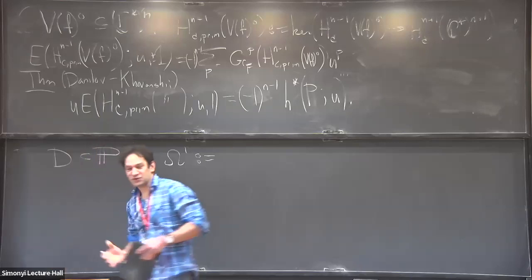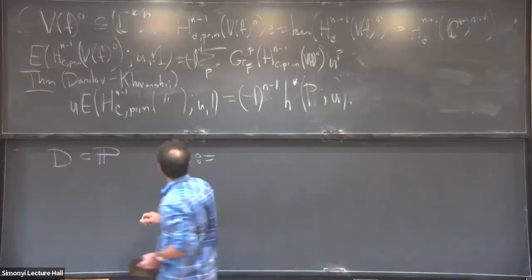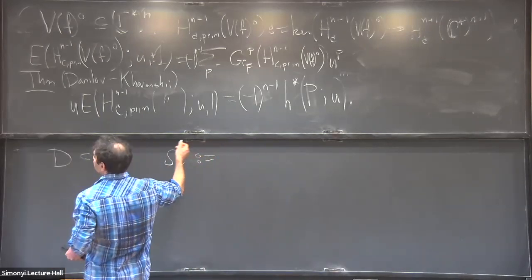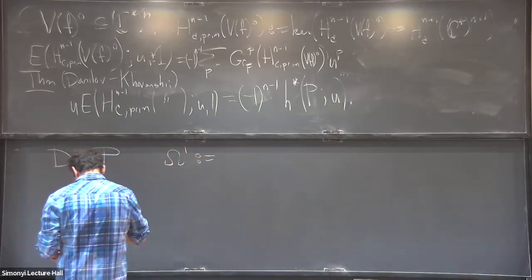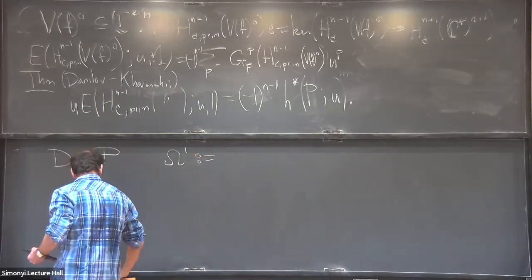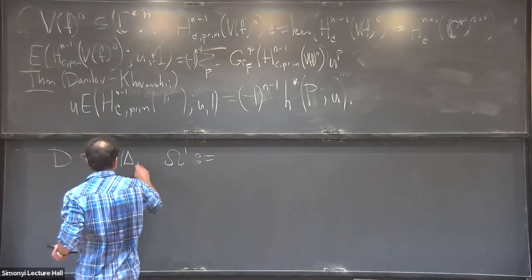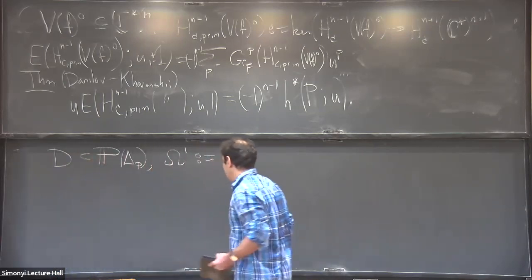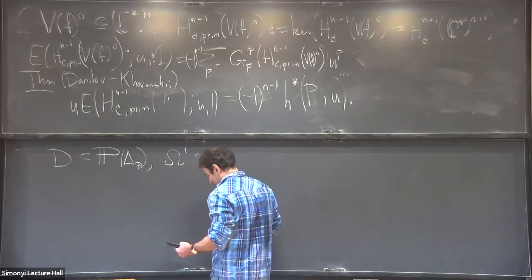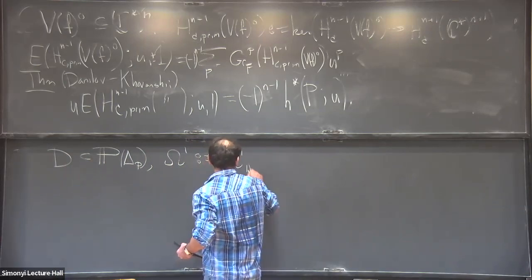V of F is the hypersurface in the toric variety, and the ambient thing I called P of delta P. Then I've got the log cotangent bundle.